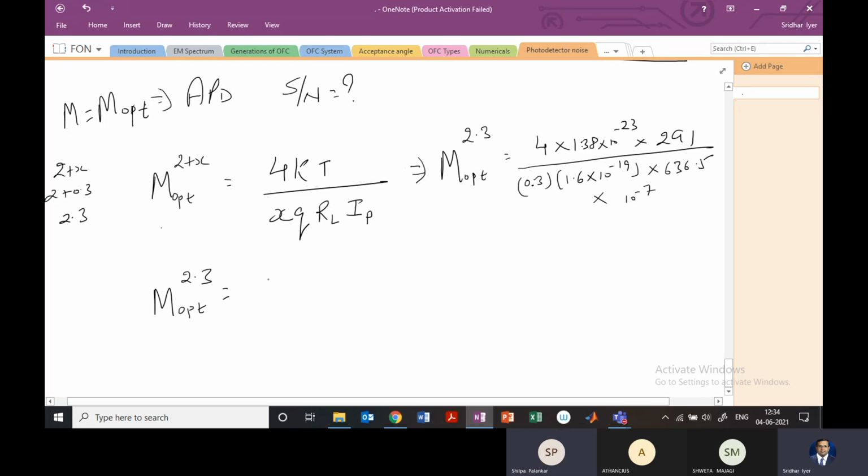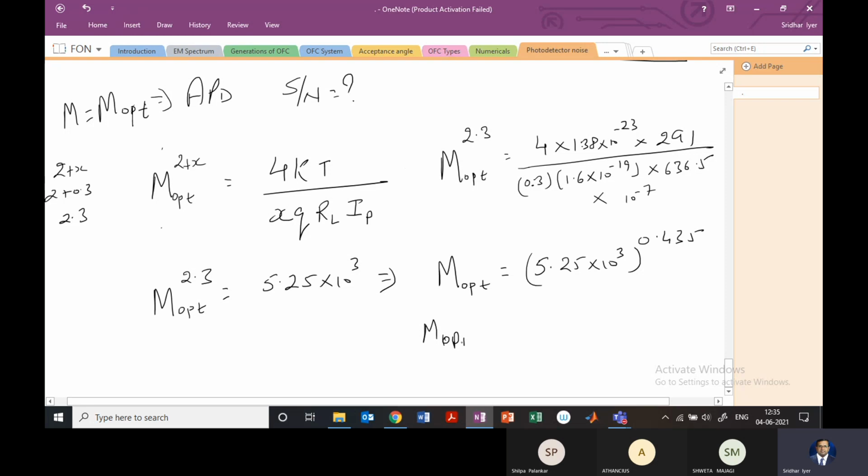So 5.25 into 10 raised to 3, and from there you let me know what the optimum M is. So you should get 5.25 into 10 raised to 3, raised to 0.435.